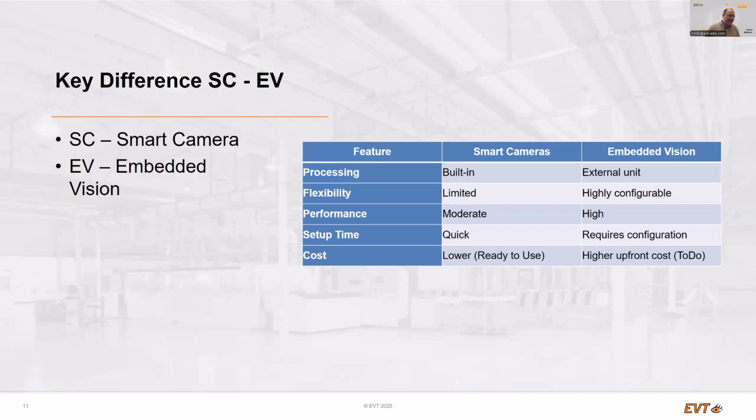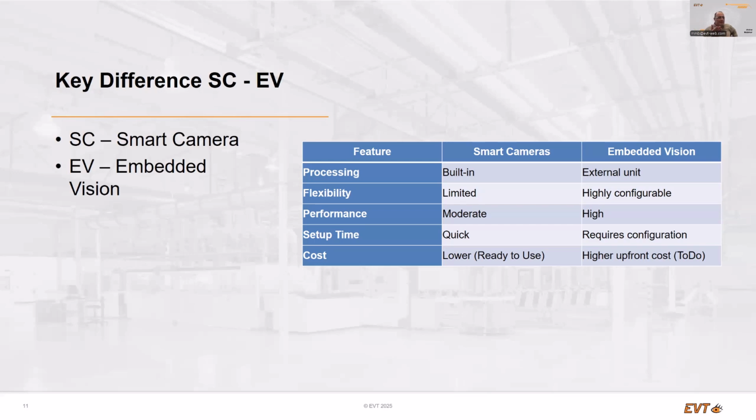On the other side, if we look into the industries, in most cases, if you want to make solutions, the smart camera gives you a quicker solution, because you simply use the smart camera, connect your power supply, and you are ready to go to solve the task for your customer.